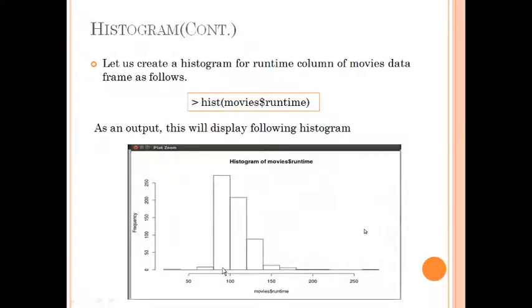So we can see here, though we have the x-axis ranging from 50 to 250, the actual data is going beyond that limit, means it is less than 50 also, and it is more than 250 also. So these are very extreme values, and we call them outliers in the data science field.